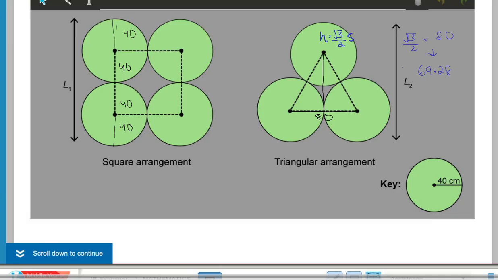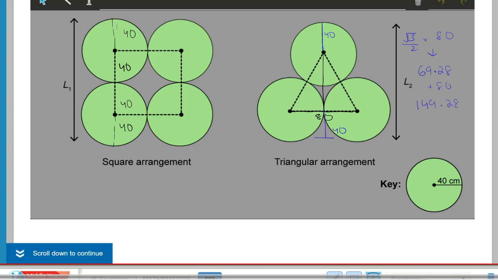Now, if you want to calculate the value of L2, since the entirety of this is 69.28, this is going to be 40, and this is supposed to be 40 as well. So 69.28 plus 80. So that gives us an answer of 149.28. If you were to look at it on the marking scheme, yes, we get the right answer.